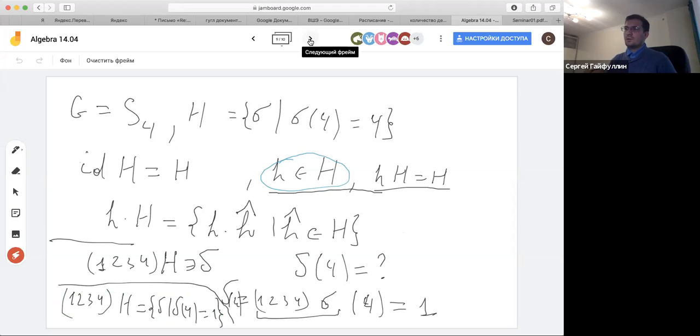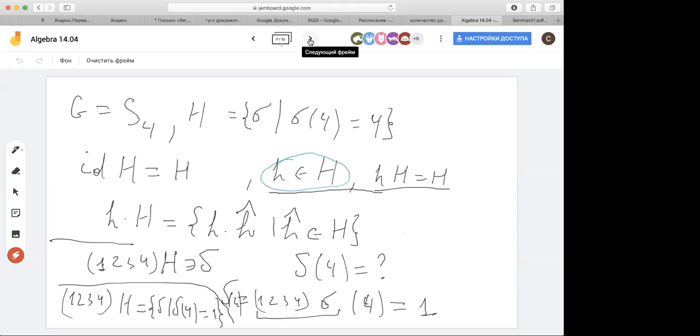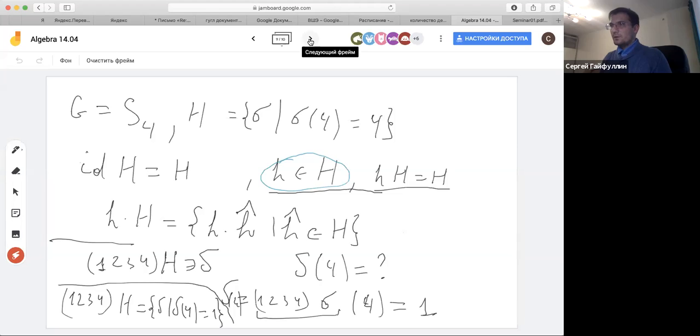Yes, we explicitly show that 4 goes to 1, but we need to show that all these permutations are in one coset. But we don't have any knowledge about sigma itself and delta.